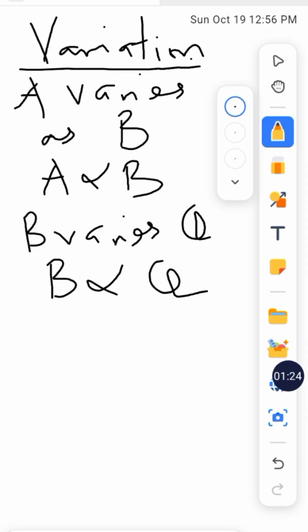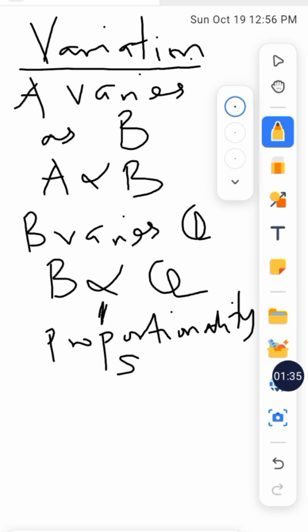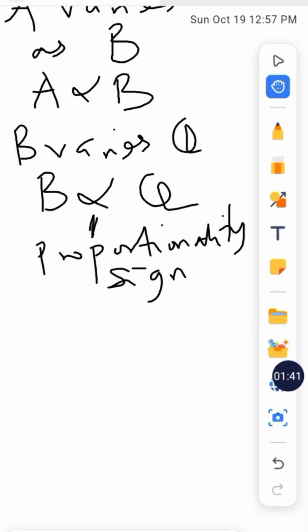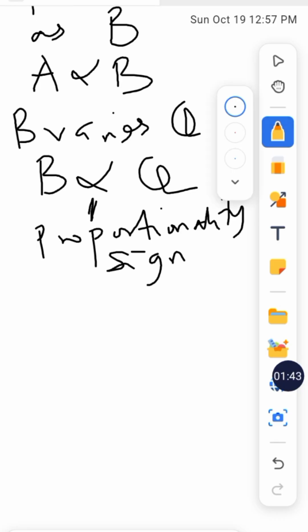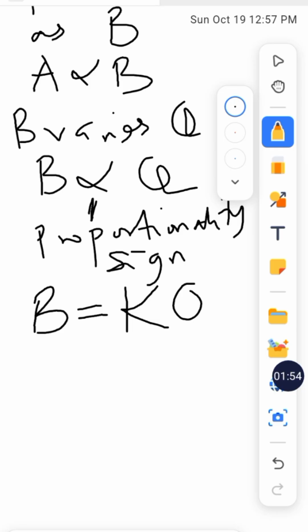So this our alpha is called proportionality sign, or sign of variation. So when you are given questions, this is the very first thing you are going to read. Having written this, you now change your proportionality sign to an equal to sign. By introducing an equal to sign, you introduce a constant of variation, K. So A varies as Q becomes A equals KQ.